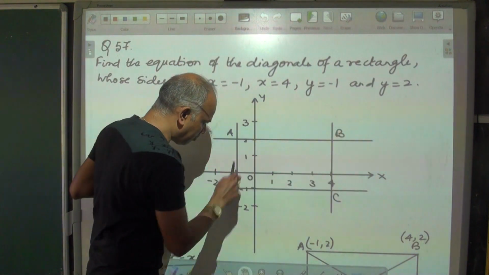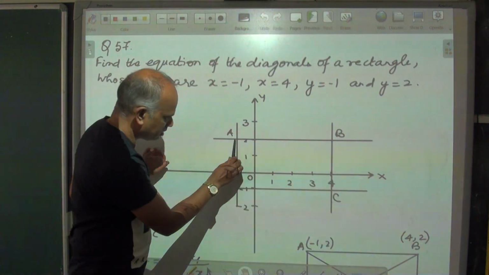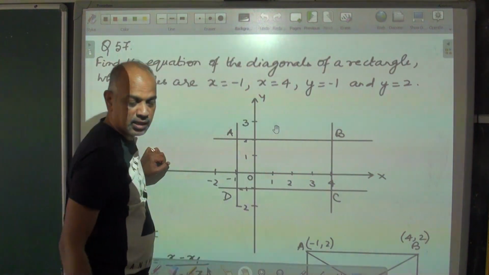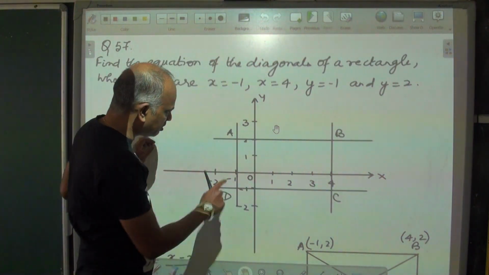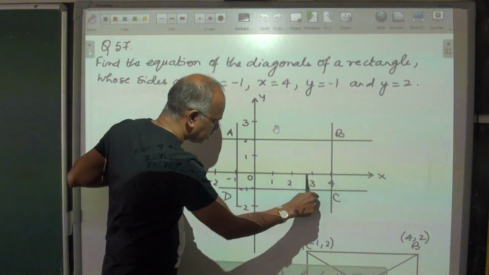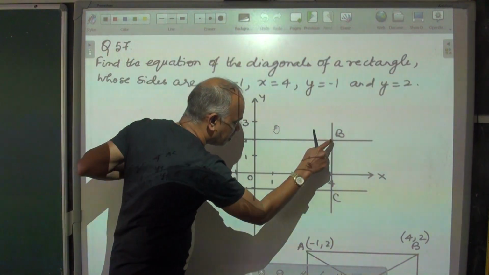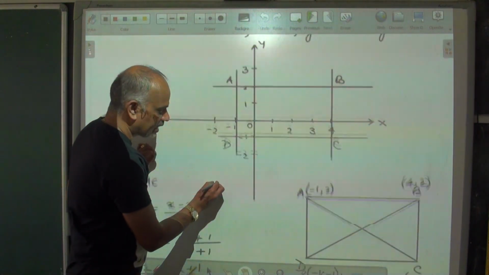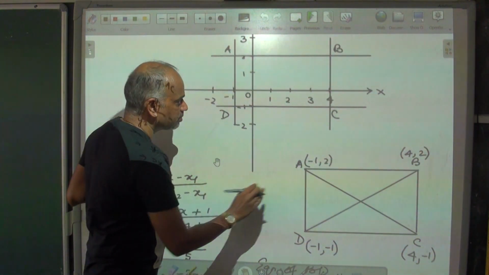Now if all the four lines are drawn, this is the first line, second line, third and the fourth line. When all these four lines are drawn, you will see these four lines meet at A, B, C and D. I have drawn this same figure separately.